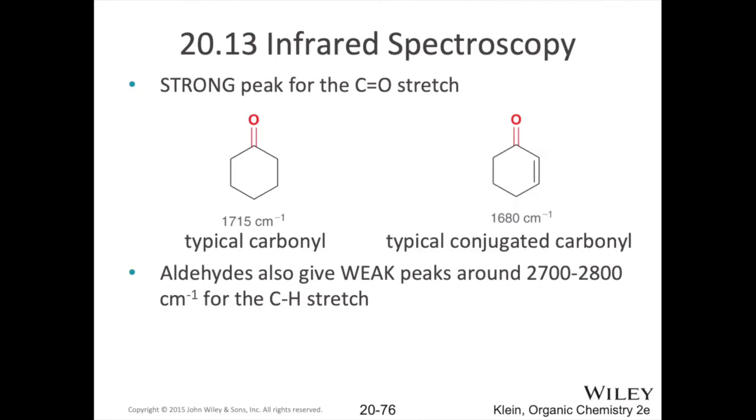Keep in mind that due to the resonance structure, where you have a single bond between the carbon and the oxygen, that slight single bond character can shift where your signal shows up, especially if you have groups nearby that stabilize that resonance structure.